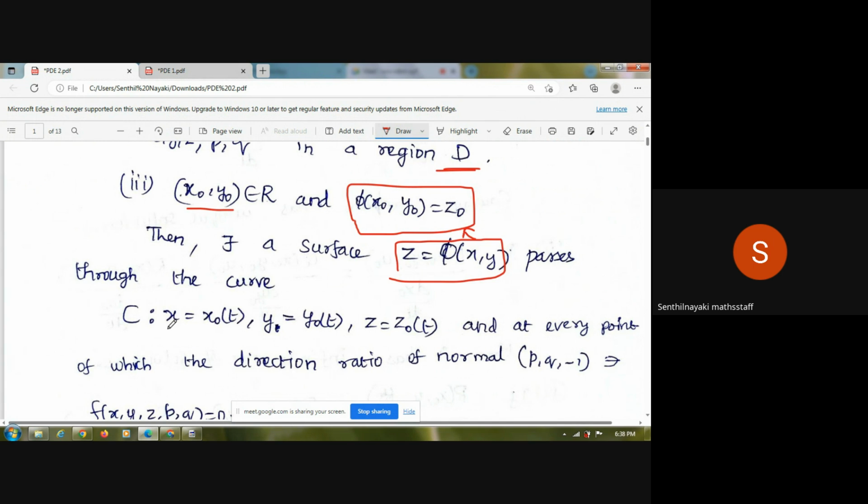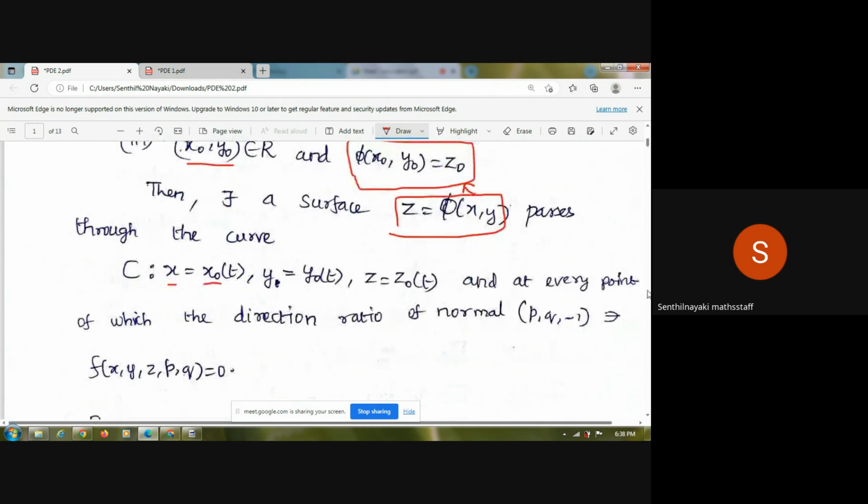So here x and x naught are the same, but instead of x we are going to substitute in terms of t. Similarly, y equal to y naught of t, z equal to z naught of t, in which the direction ratios are normal p, q, minus 1, such that f of x, y, z, p, q equals 0. So this is some theory part.